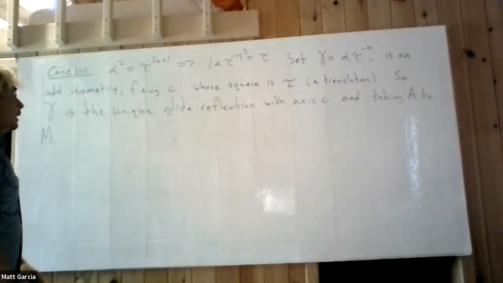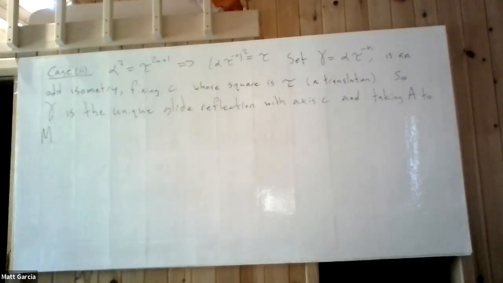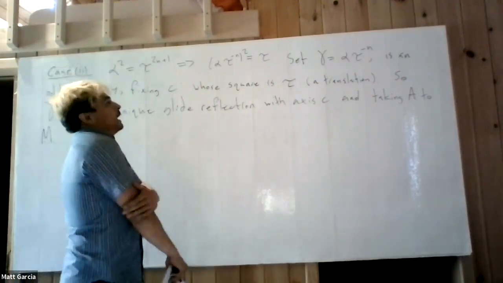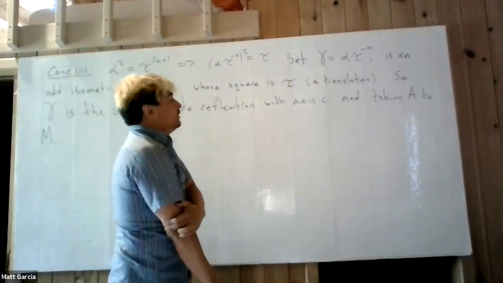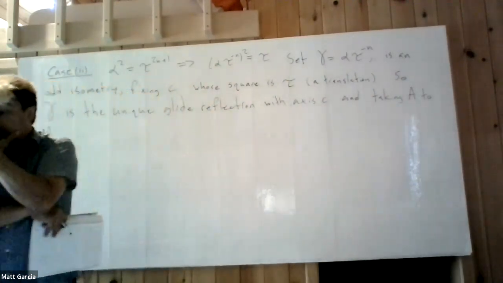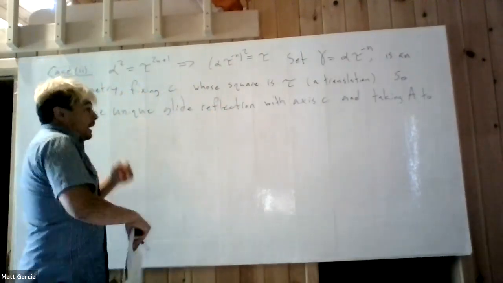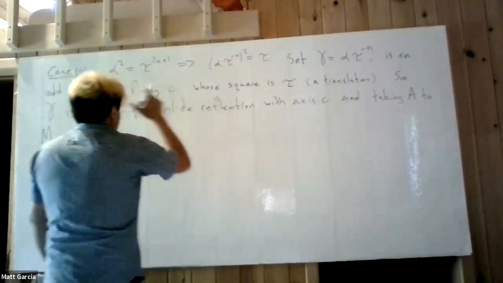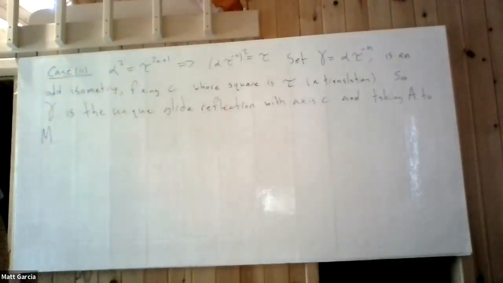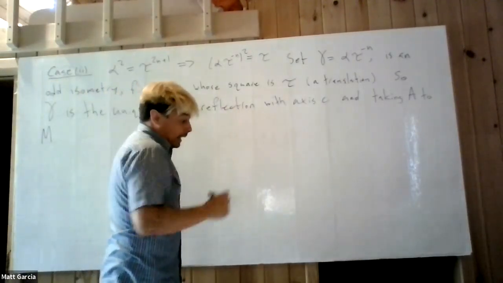Now, how do I know that gamma takes A to M? Well, because A is on line C and alpha tau to the negative n fixes C, not pointwise, but fixes the line C, I know that it'll be somewhere on C. Okay, and furthermore, if I square alpha tau to the negative n, then I get tau, which takes A to A1.